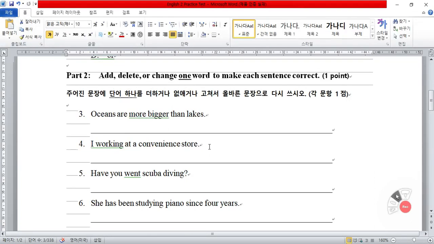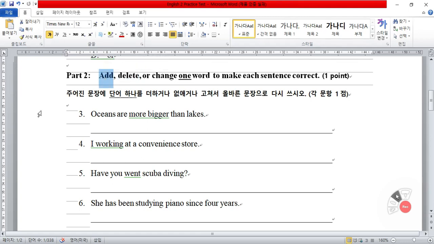In part 2, you're going to be given a sentence, or maybe many sentences. In each sentence, there is a mistake. You're going to correct the mistake. You're either going to change one word, delete one word, or add one word.